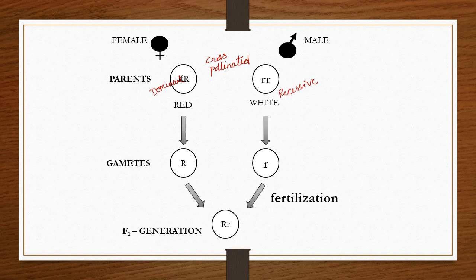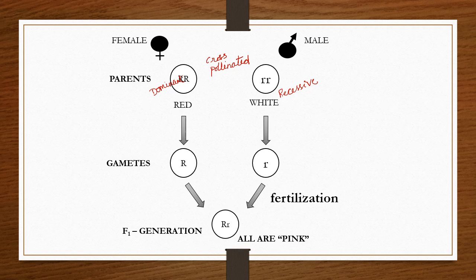So up to here it is an application of the monohybrid cross. Instead of tall and dwarf we are using red and white. Red is dominant, that's why it is capital R. Recessive we mention with the small letter, small r. So the F1 generation is capital R, small r.